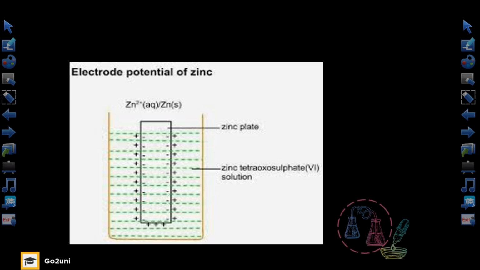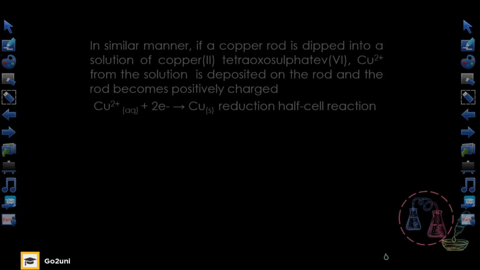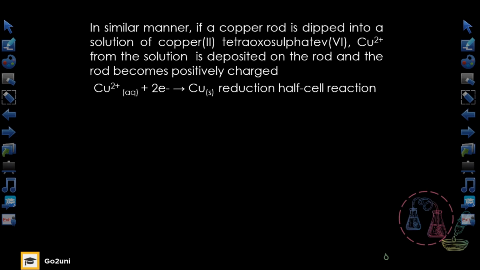called electropotential for zinc. In a similar manner, copper is also observed to create such electropotential when a copper rod is dipped into its solution, like copper(II) sulfate. Here, the copper(II) ions in the solution, this time not from the copper rod but from the electrolyte solution, migrate to receive electrons at the copper rod and get deposited on the rod as copper atoms, thereby making the rod more positive while the solution becomes negative.